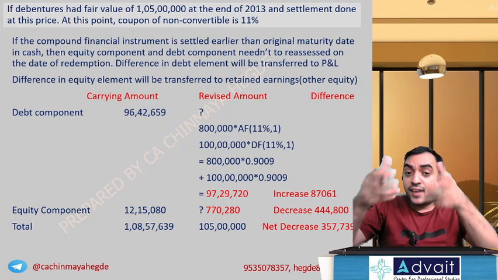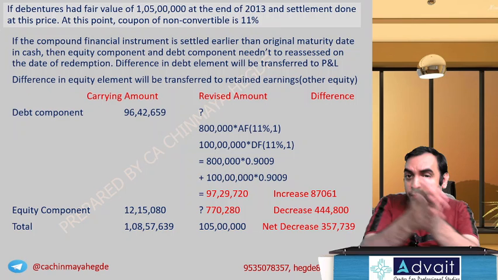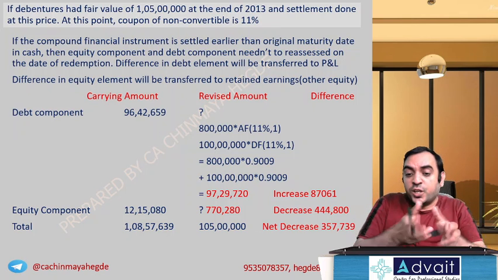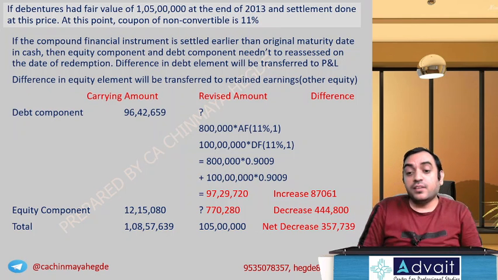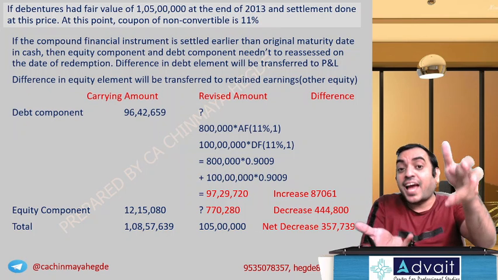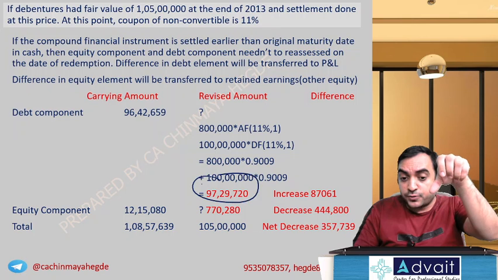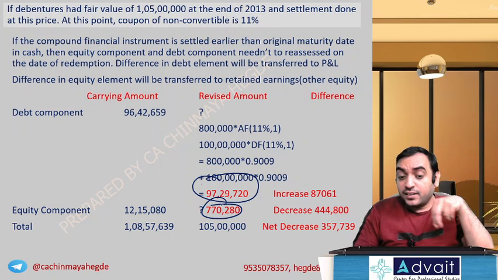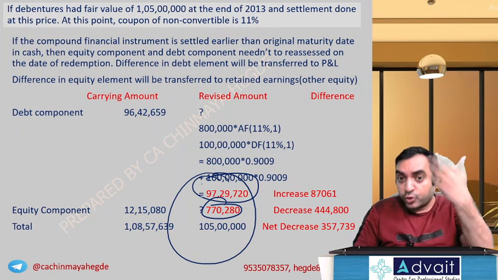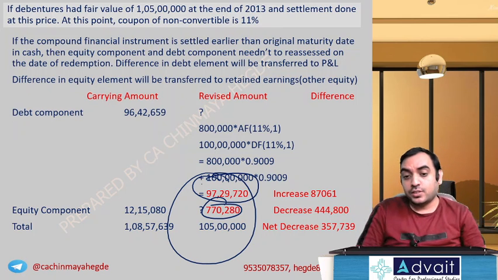Debt component should be revised. Equity component should be revised. The difference in debt component goes to P&L. Difference in equity component goes to retained earnings. And the amount of settlement, here it happened on cash basis. So the amount of debt settlement, which is 9729, and amount of equity settlement 7 lakh 7280, together 1 crore 5 lakh, both together paid in cash, so credit cash.